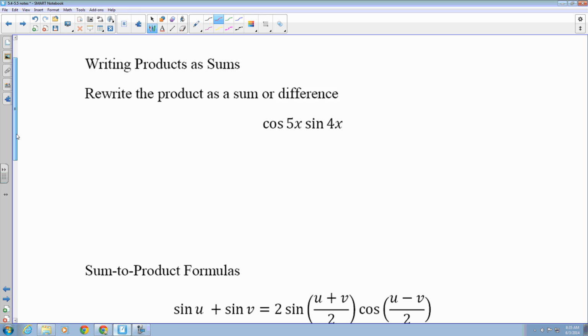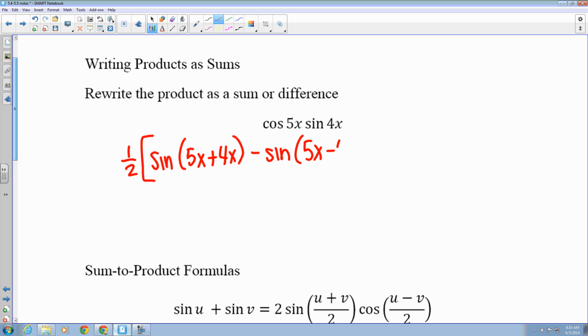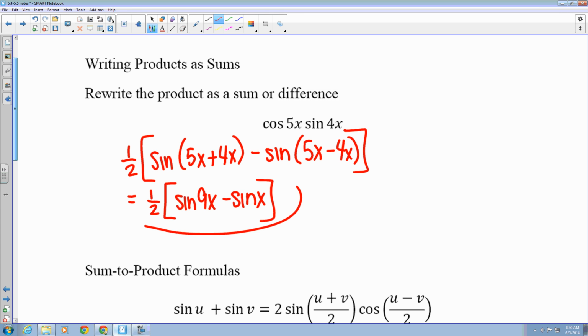If you're looking at the 4 formulas, it is the last one. 1/2 times sine of 5x plus 4x minus sine of 5x minus 4x. 1/2 times sine of 9x minus sine of x. You can either distribute the 1/2 or leave it just like that.